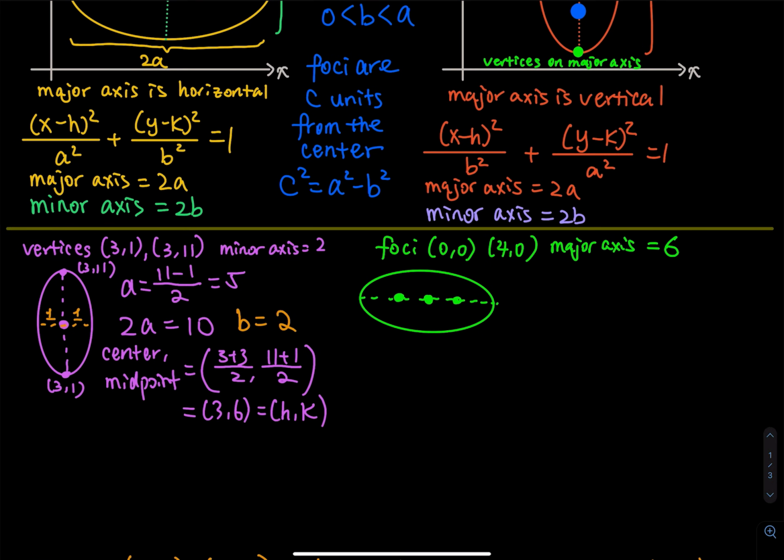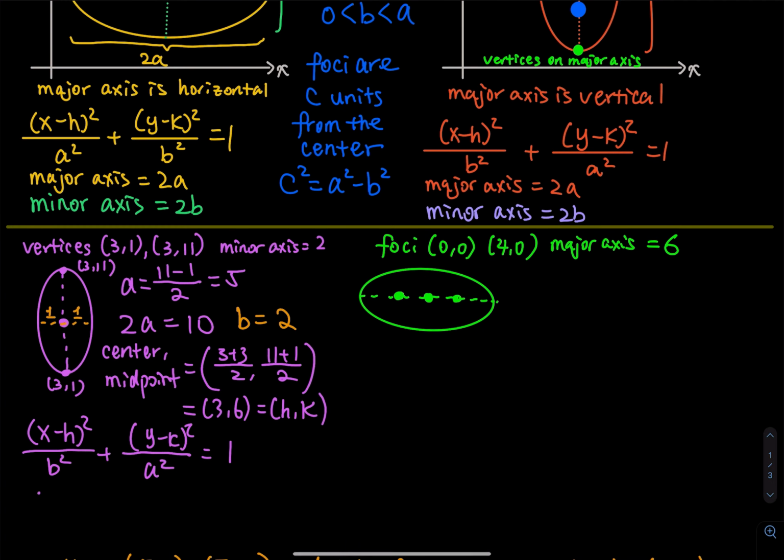So what we are going to do first is recall the equation for a horizontal ellipse, that is (x minus h) squared over a squared, plus (y minus k) squared over b squared, equals 1. For a vertical ellipse, we let b squared go first, and then a squared goes second.